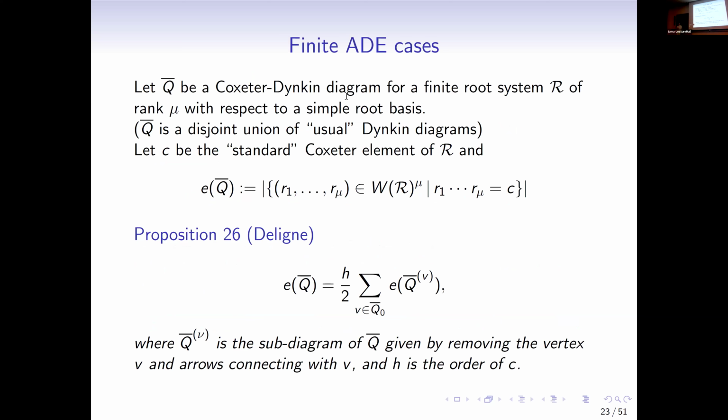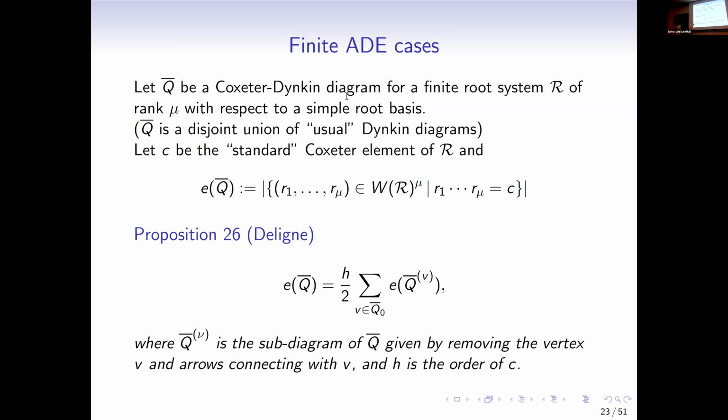Okay, now I'd like to state the Deligne result. Let Q bar be a Coxeter linking diagram for a finite root system. Here, as a root basis, we choose the simple root basis, or simple base, in the usual sense. So Q bar is just the usual Dynkin diagram.